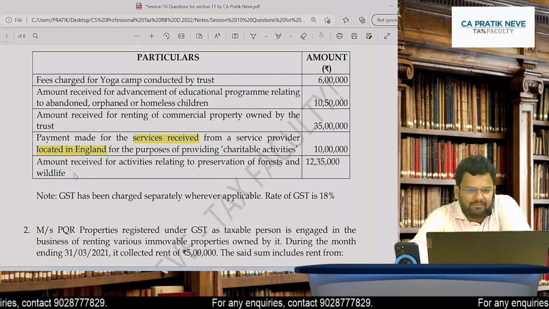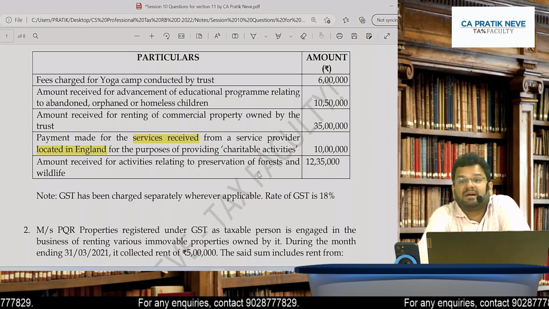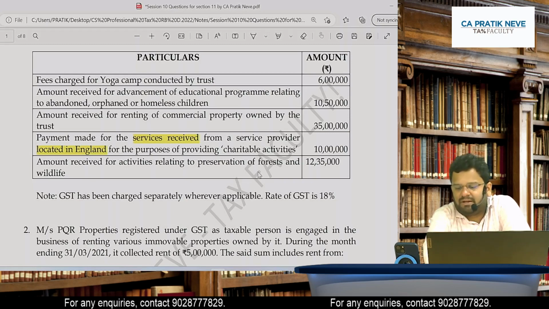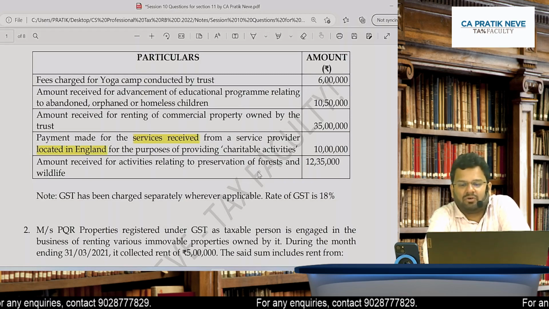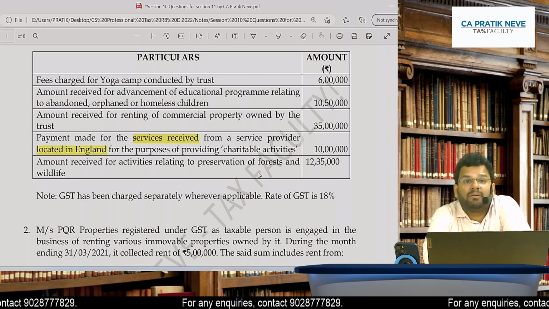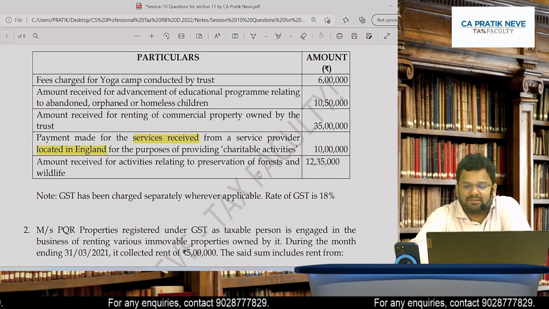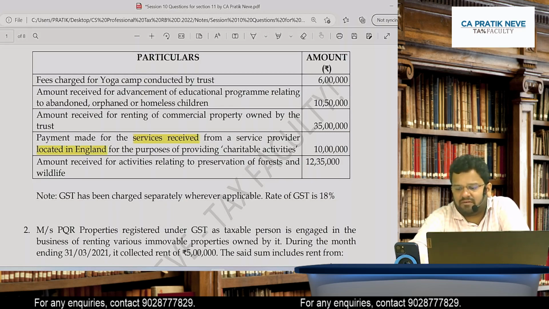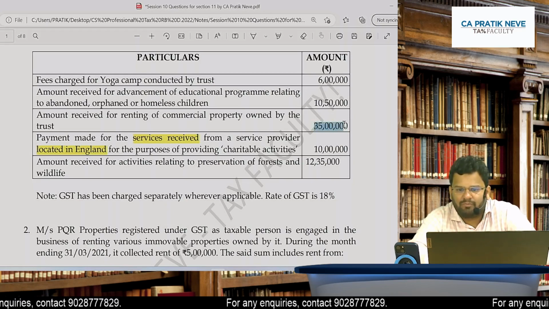And finally, amount received for activities relating to preservation of forest and wildlife. This is a charitable activity, so it will be exempted. So finally, what will be your assessable value or value of taxable supply? 35 lakhs, not 45 lakhs, please. 35 lakhs, this one only, obviously.